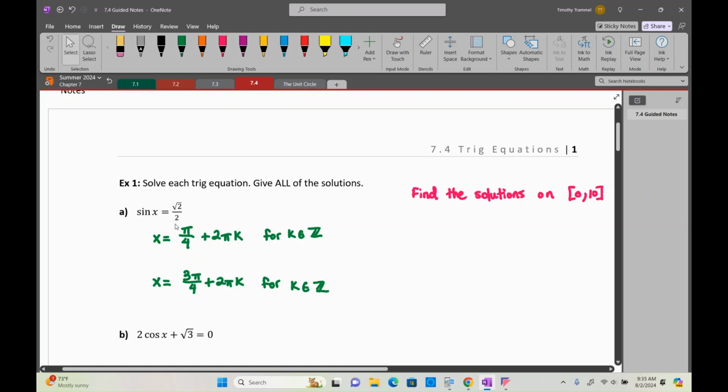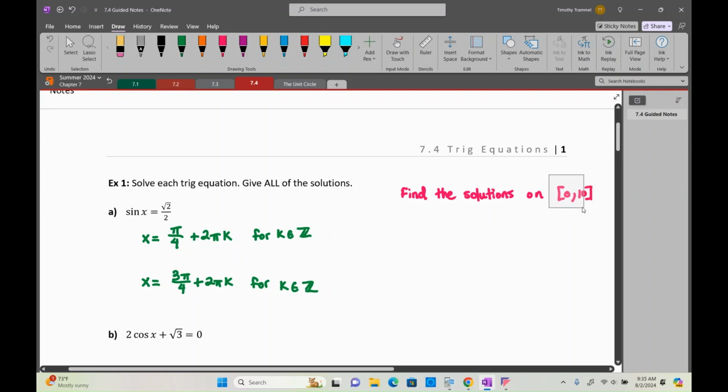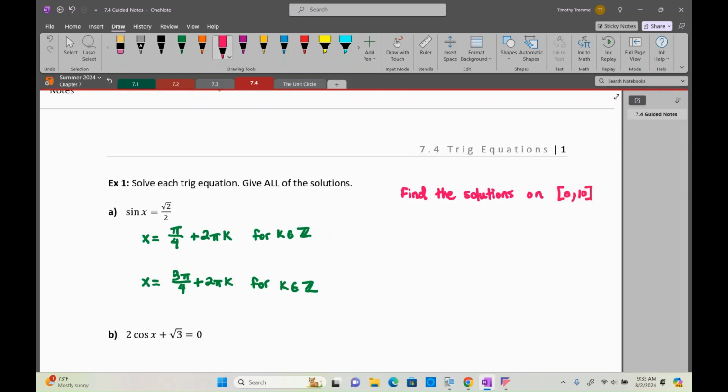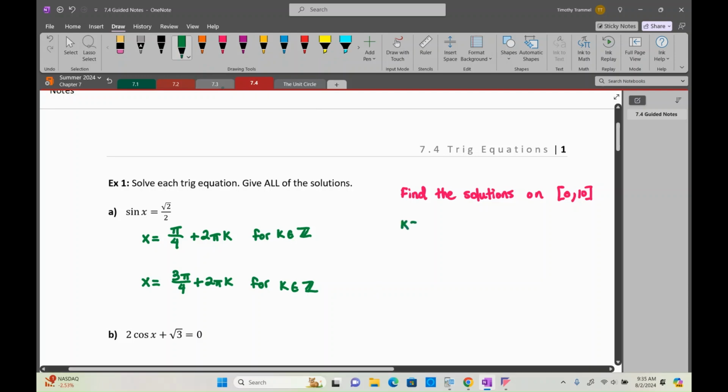What I want to point out first here is with, say, this first equation, if you were to let k be a negative number, we'd end up with a negative angle here, which is not going to be in the interval 0 to 10. Here's the idea of what I was saying. If we were to let k be minus 1, then we'd end up with what?